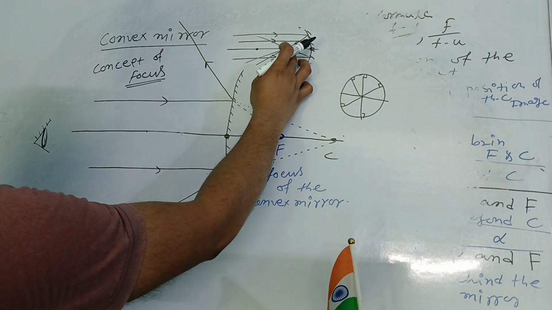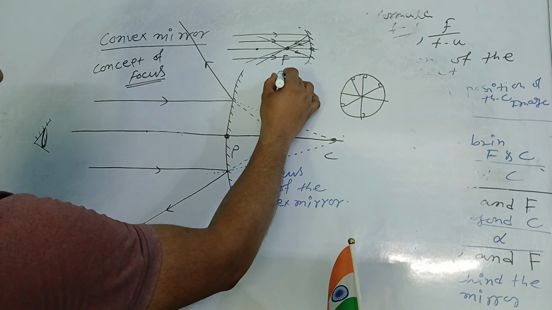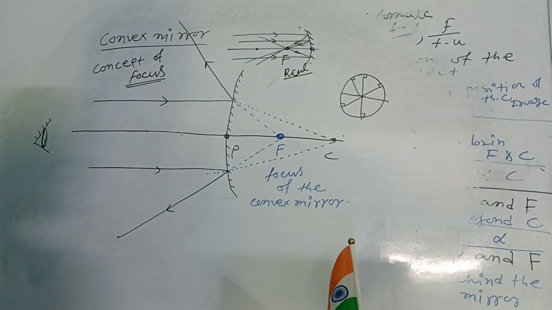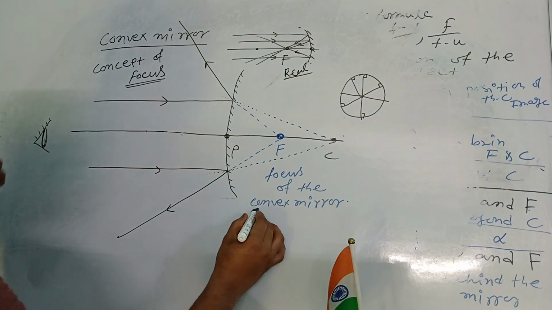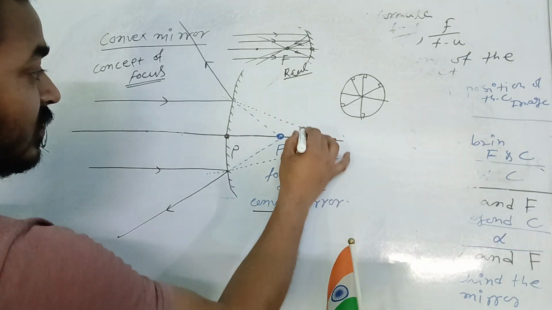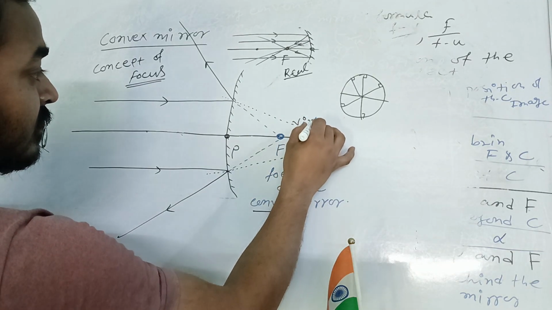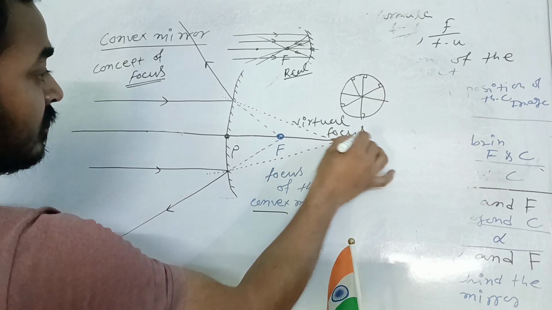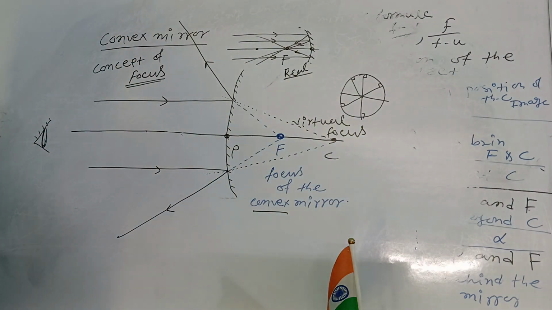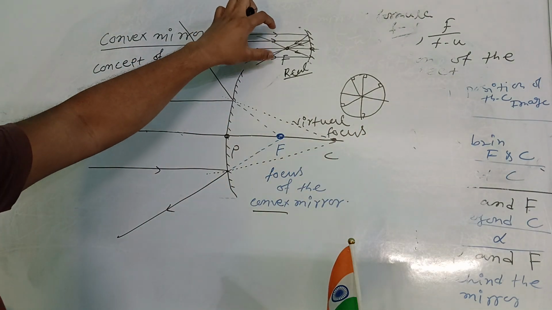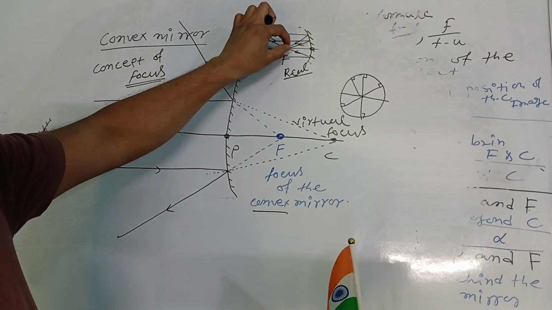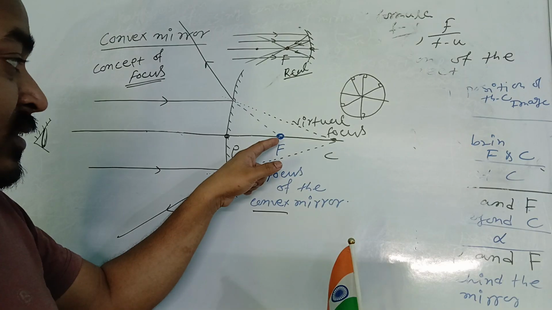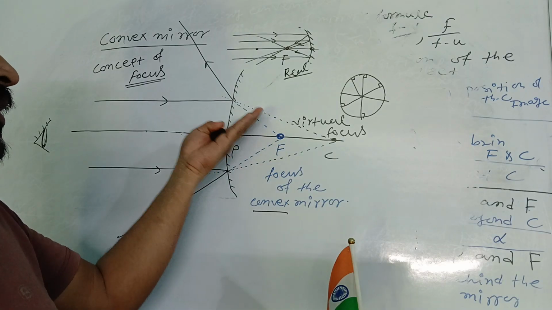In case of a concave mirror, the focus is the real focus, where the rays really intersect and meet. And for convex, it is the virtual focus, where they appear to diverge. It seems to us that they are diverging from this point.